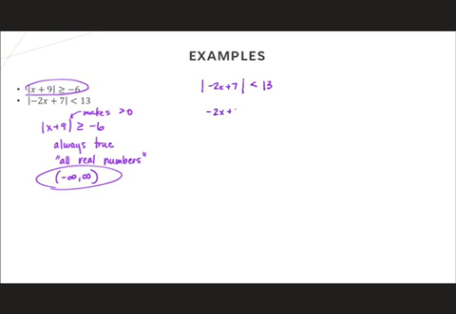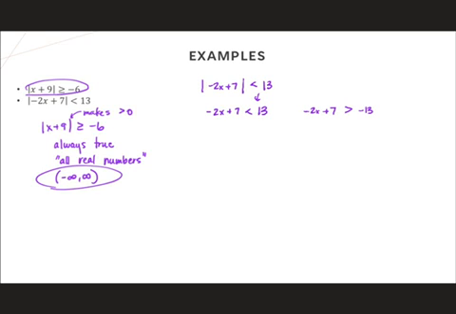I take negative 2x plus 7 and negative 2x plus 7. In one case, I keep it as written, so it's less than 13. In the other, as with equalities, I make the 13 negative, and the only other difference is I flip the sign around. So I'm less than 13, but also greater than negative 13.